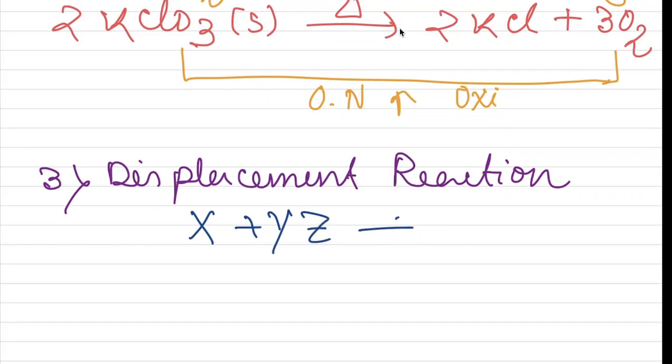When they react, it forms XY plus Z. A displacement reaction is the reaction in which one ion in a compound is replaced by an ion of another element. Here X is an element and YZ is a compound. Here X replaces the place of Z and forms XY.